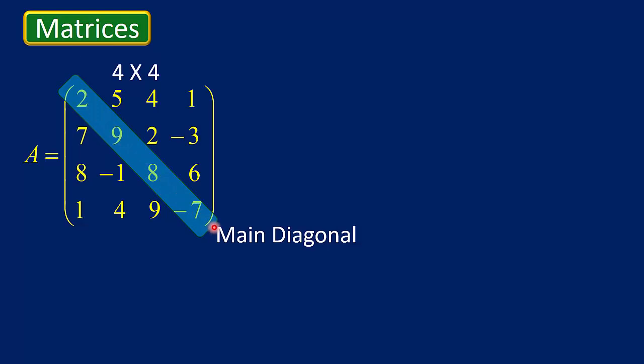Now notice all the elements on the main diagonal are in the same row and column position. So for example, this is position 1, 1, row 1, column 1. Here's row 2, column 2, row 3, column 3, row 4, column 4. See? So numbers on the main diagonal are in the same row and column number.